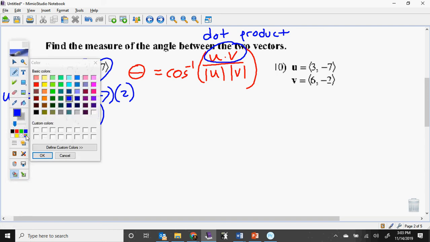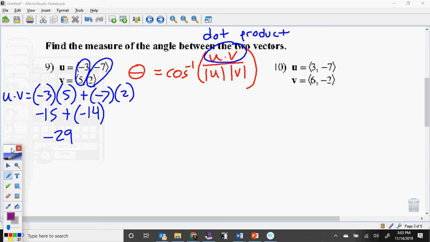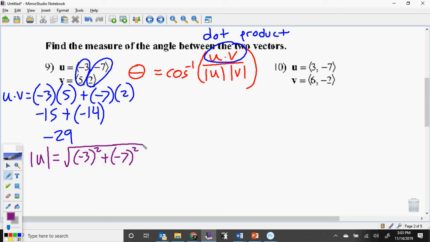Bring this back for a second so I switch colors. Alright, so that was the top. We need to find the magnitude of each one. So magnitude of u is the square root of negative 3 squared plus negative 7 squared, which is 9 plus 49, or the square root of 58.